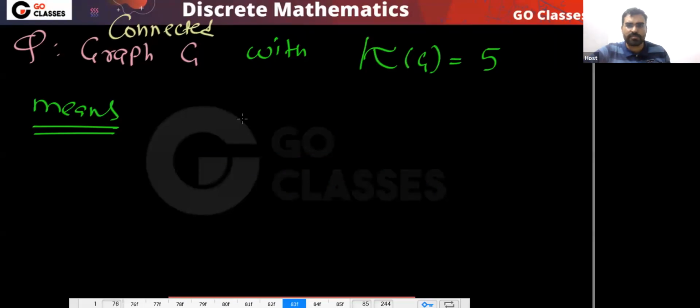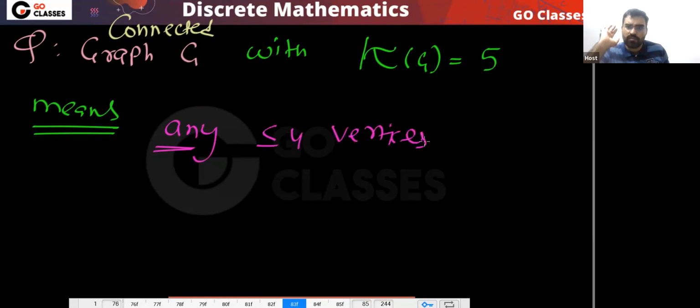This means that any 4 vertices you remove, that is your choice, your graph will not disconnect. Yes or no? Removal of any 4 or fewer vertices will not disconnect the graph.